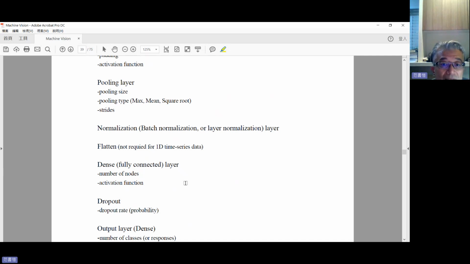So flatten and the dense layer, the fully connected layer, with the number of nodes, and the activation function. Flatten, then the dense layer, fully connected as well.